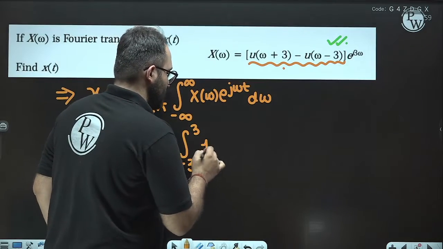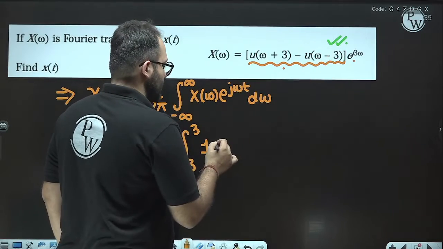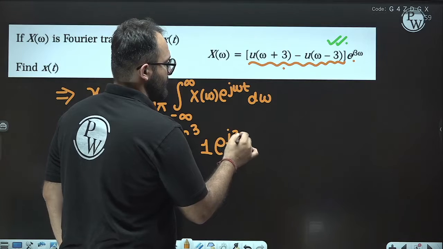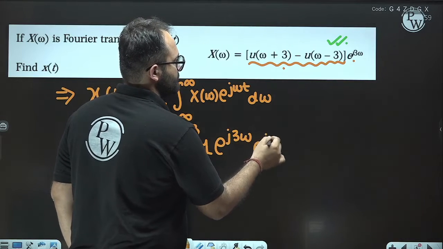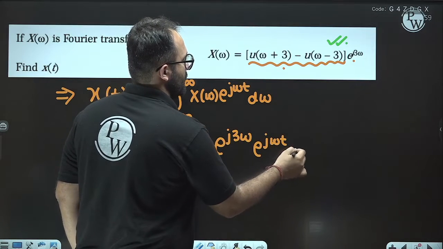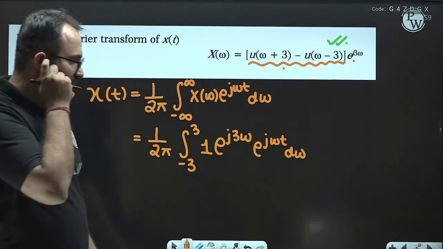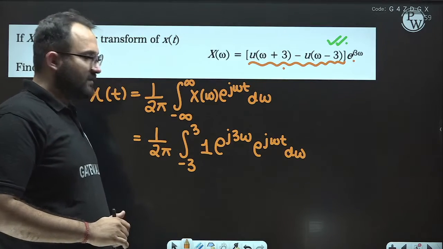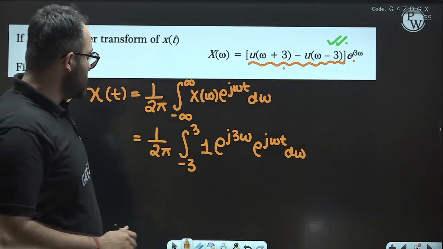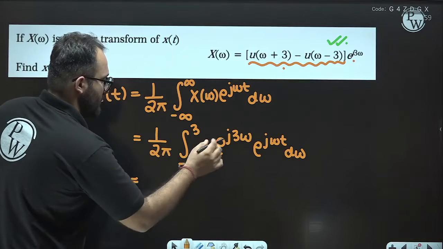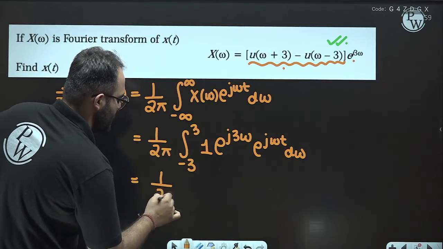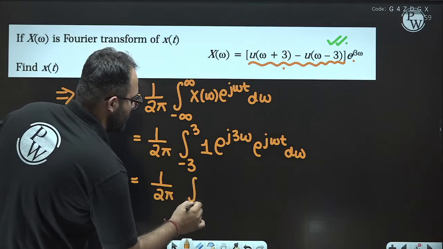This is 1 and this is e to power j omega t. Now we'll integrate in terms of omega. That's a very simple step. Nothing else is required here. We have to integrate. We'll take j t common.